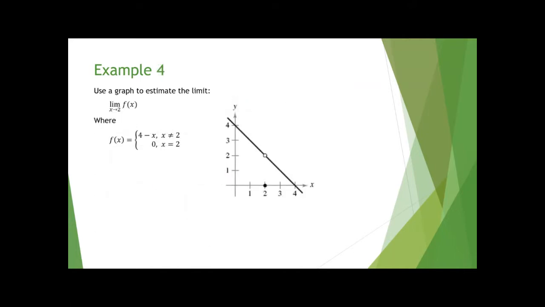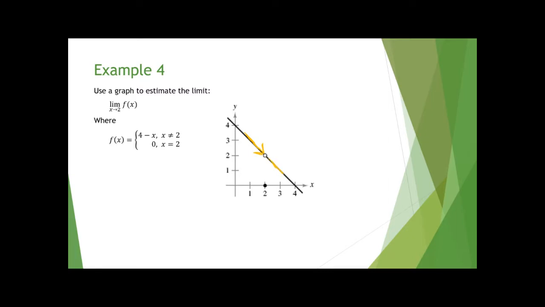Now here, this is a different graph. This one actually has a hole shown on there. So we're given a piecewise function, and we're using the graph to estimate the limit as x goes to 2 of f of x. As we head to 2 from the left, we're going down to where the hole is at 2.